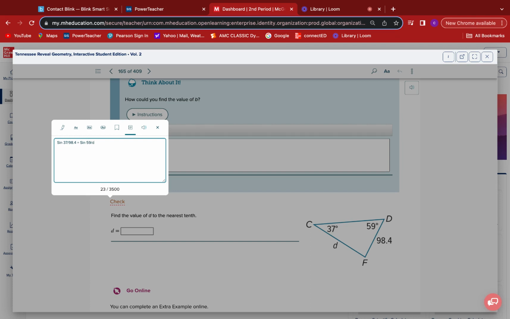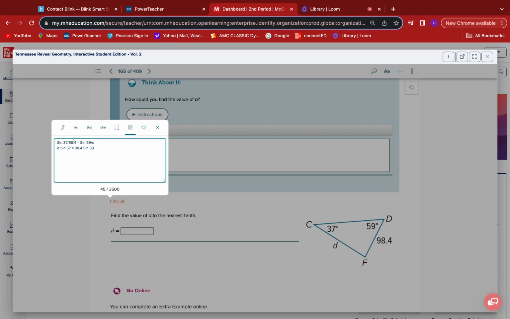All right, I'm going to cross multiply. D will be multiplied times the sine of 37, and 98.4 will be multiplied by the sine of 59. I know it's kind of hard to see when I've written it like this, and not necessarily as a fraction, but unfortunately I'm just going to have to go with it because there's nothing else I can do.